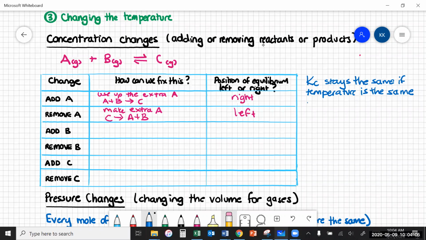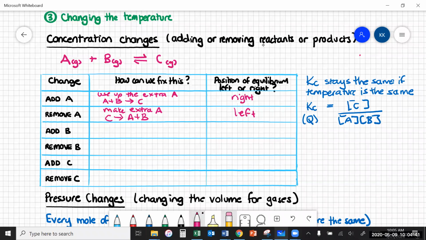So remember our Kc value, which we also call Q if it's not at equilibrium, our reaction quotient. In this case, it will be the concentration of C over the concentration of A times the concentration of B. And that position of equilibrium is going to keep moving until the ratio of these concentrations goes back to exactly the same value as it was. The actual concentrations themselves won't be the same, but the ratio is going to be the same.